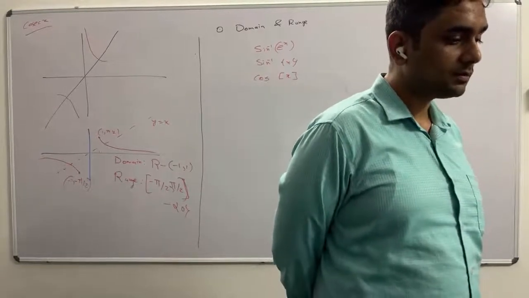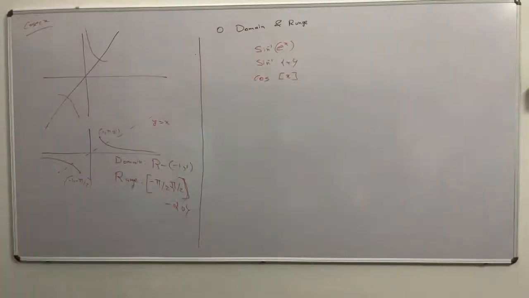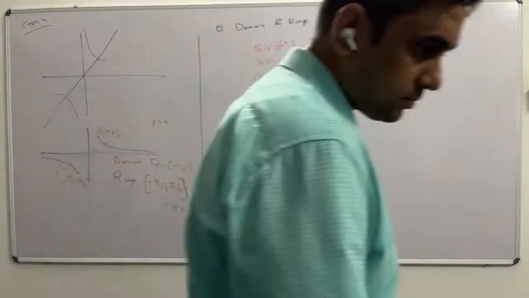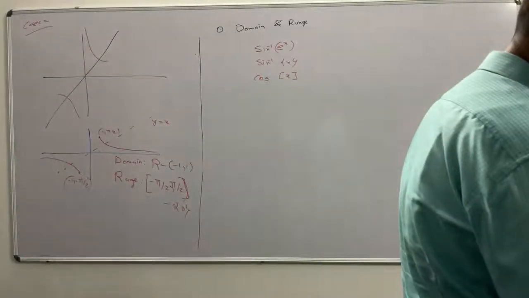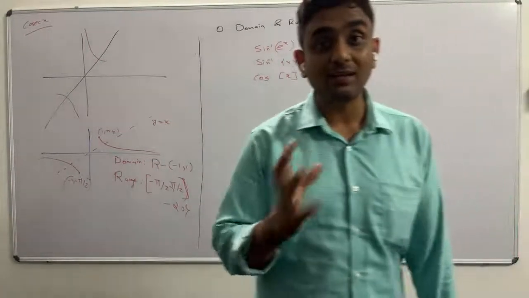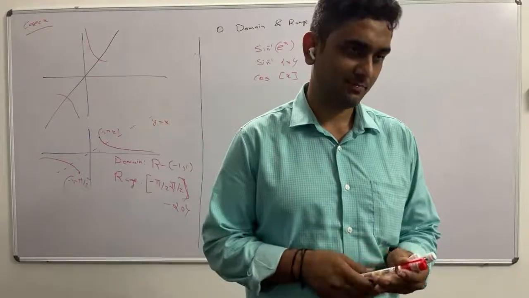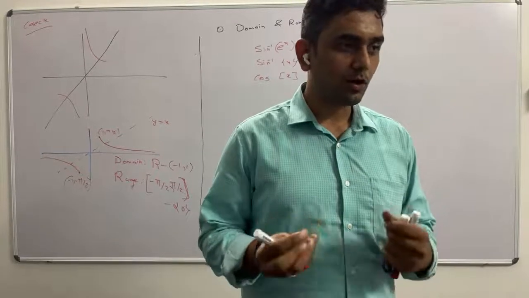Now what will be the domain? Guys, let me know if you are getting any answer. I am waiting for your answer. Right or wrong? Tell whatever you are getting.